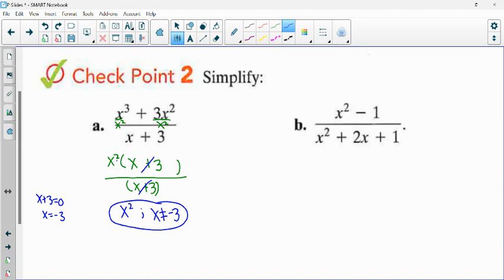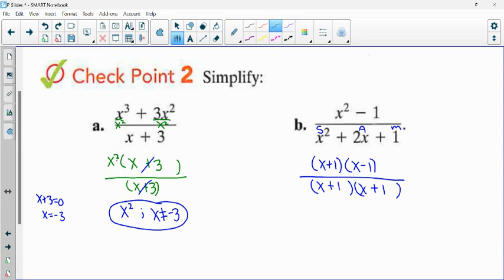For part B, we've got to factor the numerator and denominator now. So how can we factor the numerator? Right, it's a difference of squares, so that would be x plus 1, x minus 1. And our bottom would be factored too. So it multiplies to 1 and adds to 2. 1 and 1. So both positive 1s.